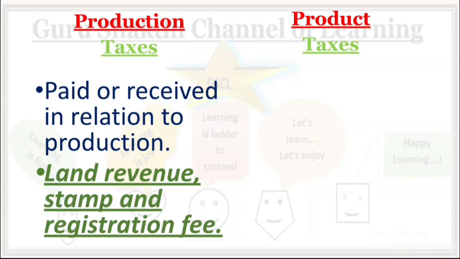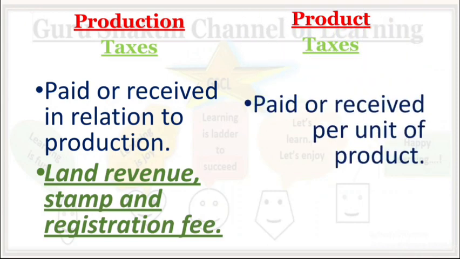Product taxes, it is paid or received per unit of product. These are the kinds of taxes that could be passed on to the ultimate consumers. Example, you are enjoying the services of the hotel.